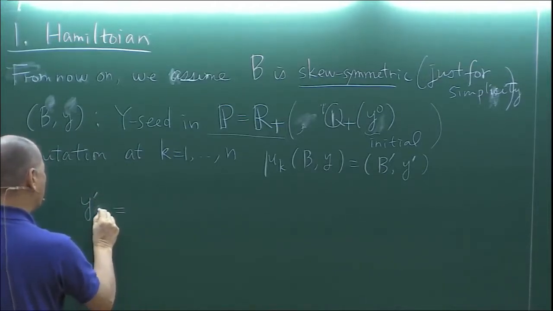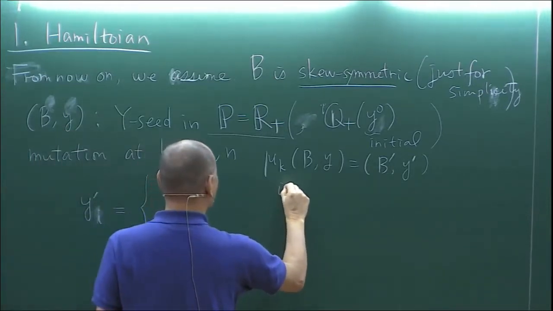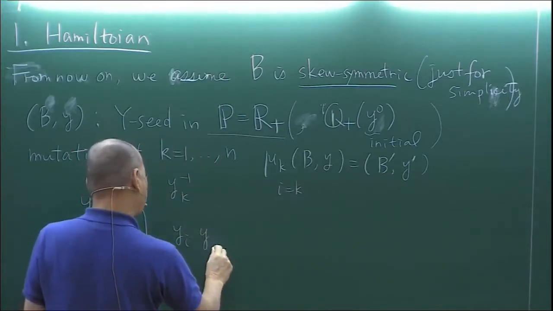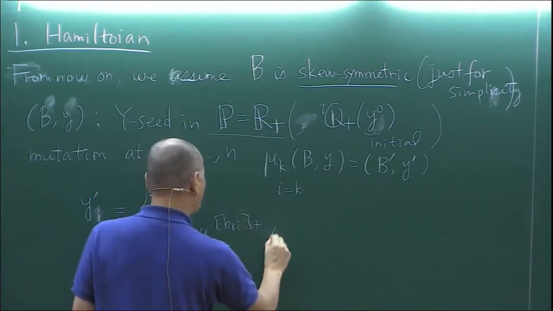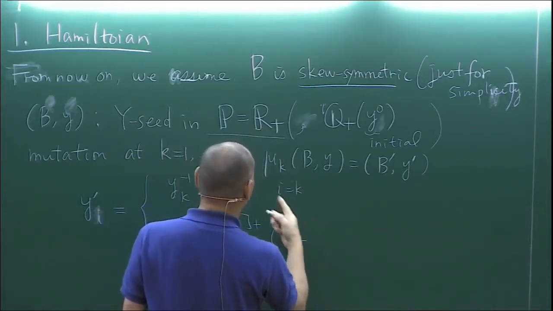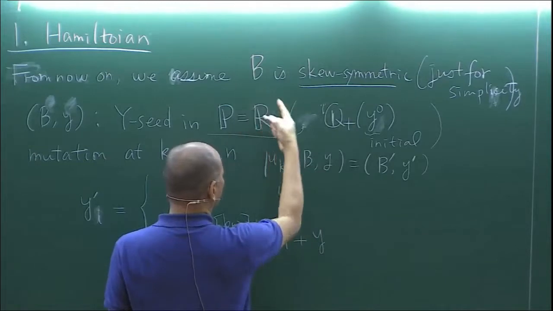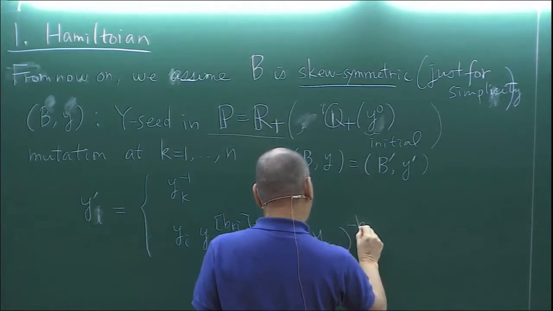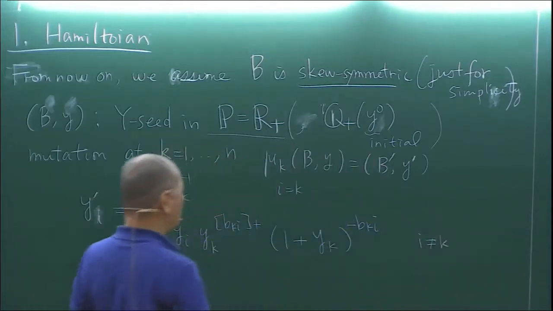So B prime ij is written as such when i is k, and when it is not, then we have some formula. And we replace the ordinary tropical sum symbol with just ordinary plus, because you can identify it with addition of real numbers or rational functions. Okay, so this is the formula I have written, maybe my third time to write it.